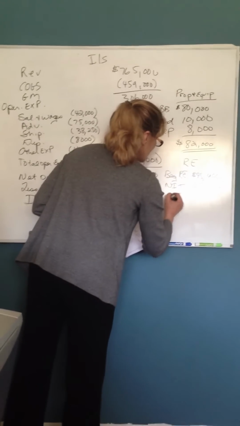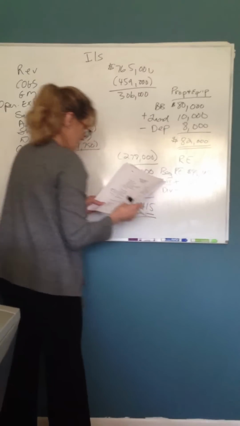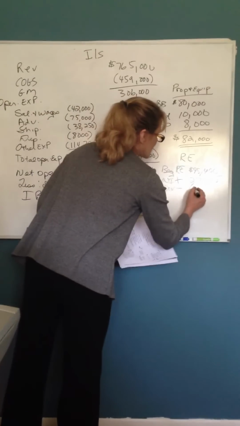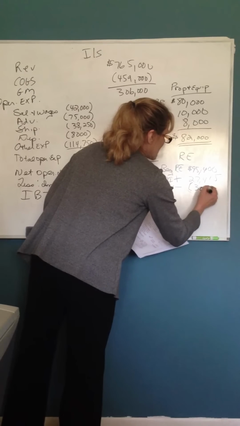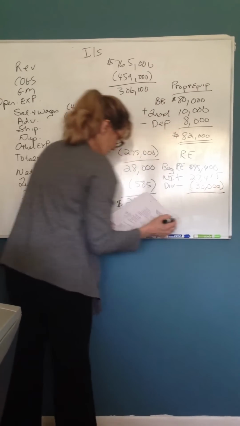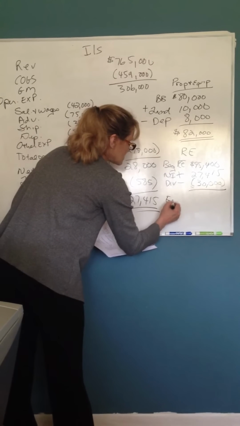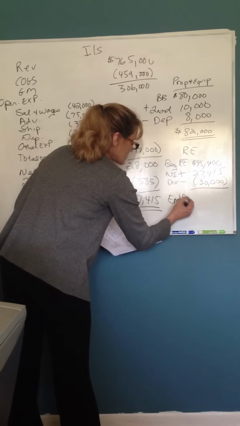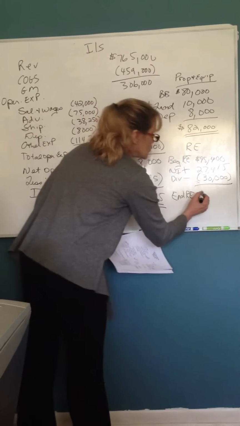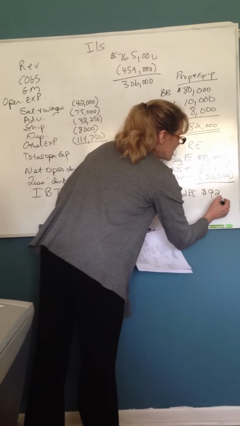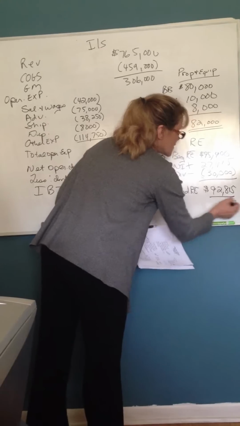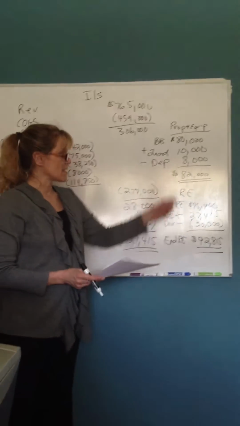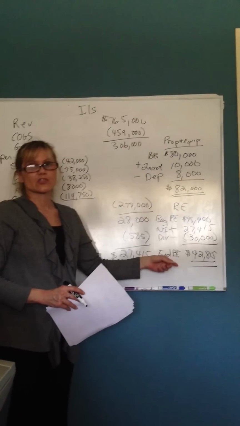So we're adding our net income, subtracting our dividends. Our dividends are $30,000. So our ending retained earnings balance will be $92,815. We need these numbers when we're creating our balance sheet.